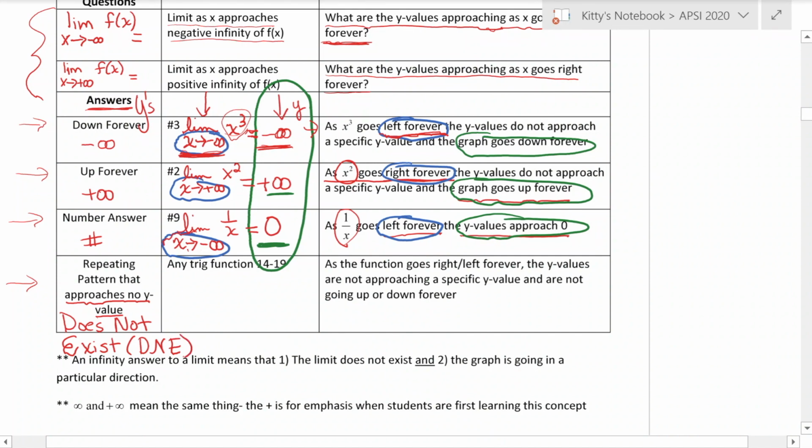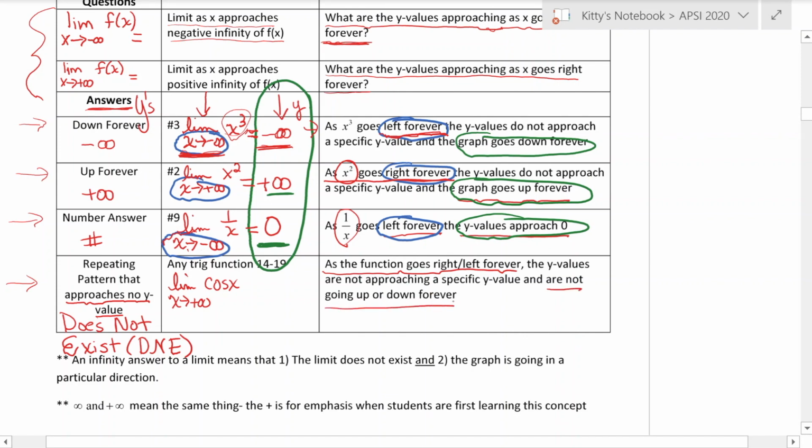So yesterday in all the trig functions that we talked about, as the function went right or left forever, I could write that limit as x goes to positive infinity of cosine. That's one of the trig functions. The y values are not approaching a specific value, and they're not going up or down forever.